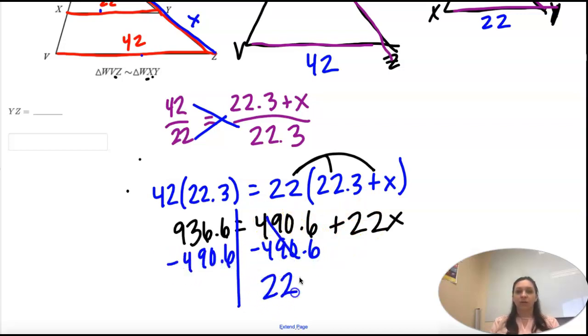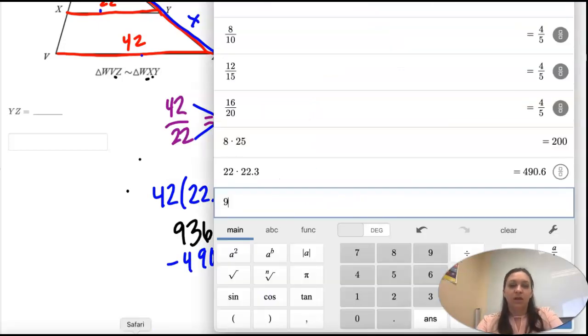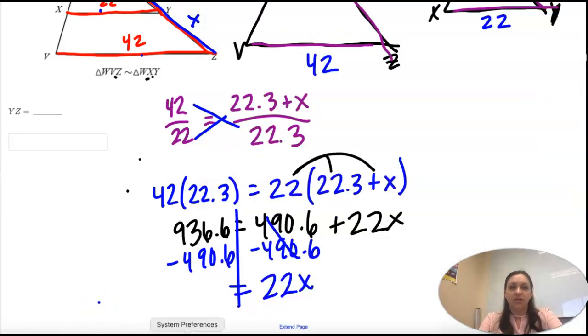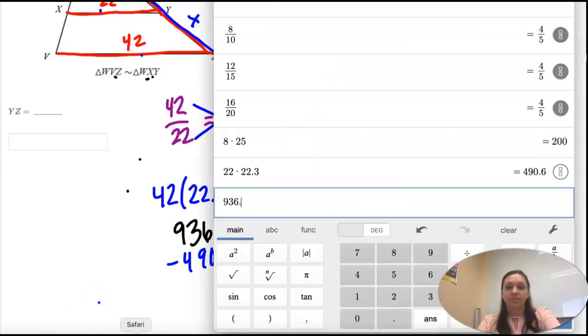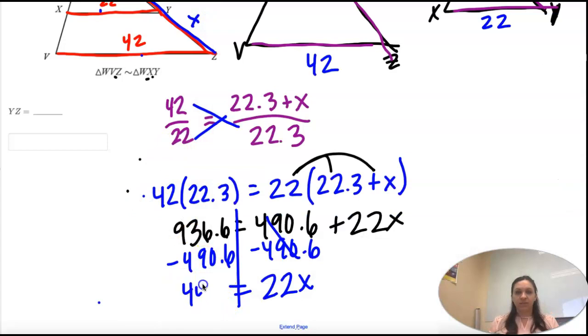And I'll be left with 22x equals 936.6 minus the 490.6, which is 446. And then to get x by itself, we're going to divide both sides by 22.